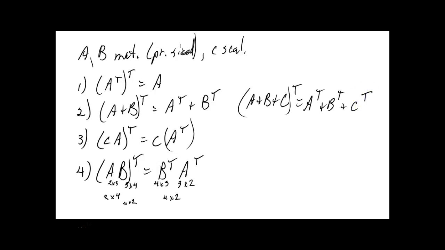The product is kind of interesting. And then the fourth one, if you had a triple product (ABC) transpose, then that would be C transpose times B transpose times A transpose. That is, if they were all the size they needed to be, as long as they will work here.